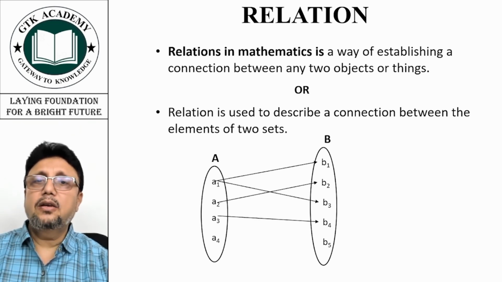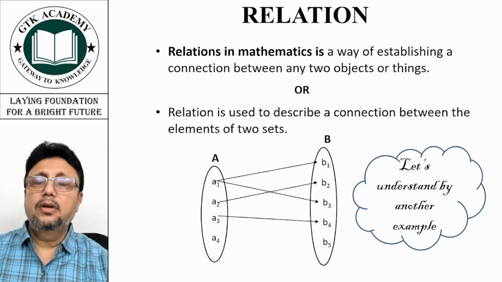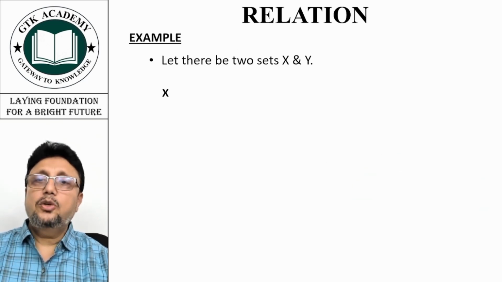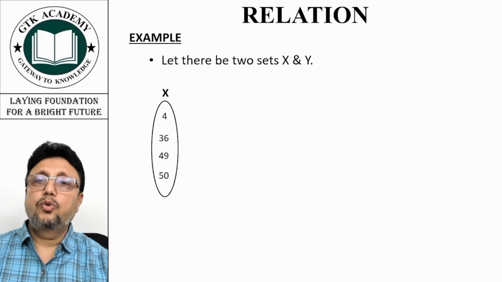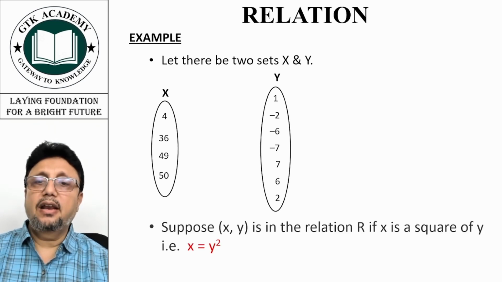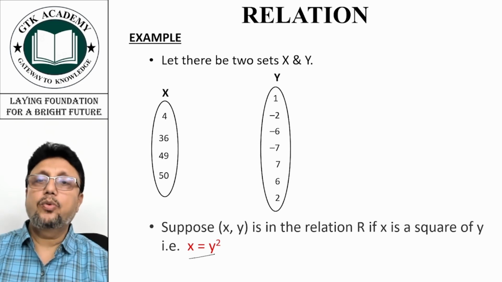So let me explain with another example. Suppose there are two sets, X which has 4, 36, 49, 50, and Y which has 1, minus 2, minus 6, minus 7, 7, 6, 2, and we say there is a relation defined as x is equal to y square.